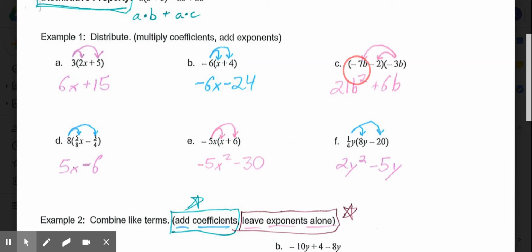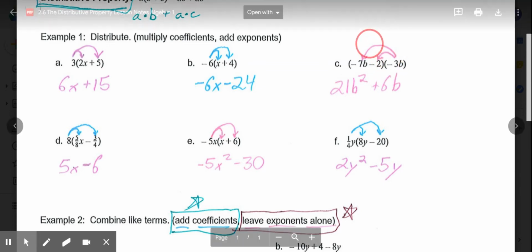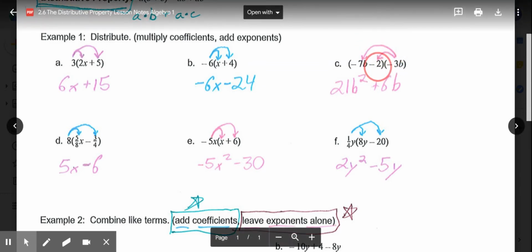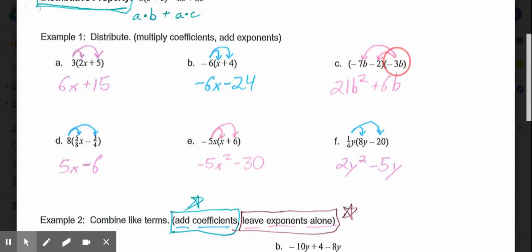Negative 3 times negative 7 is 21, and then b times b is b squared. So that first part is 21b squared, and then a negative 3b multiplied by a negative 2 gives us a positive 6b. So we'd have 21b squared plus 6b.